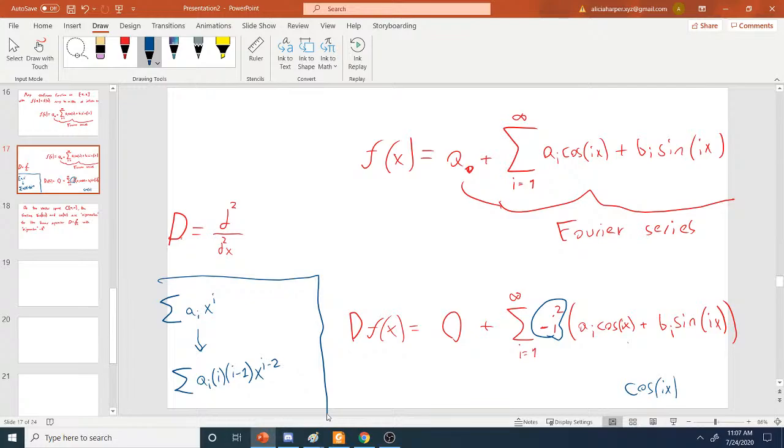So somehow differentiating Taylor series is kind of messy. The index of the coefficient no longer aligns with the index of the polynomial, and you have to keep count of these different factors that show up.